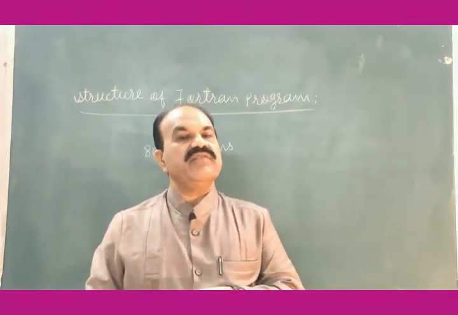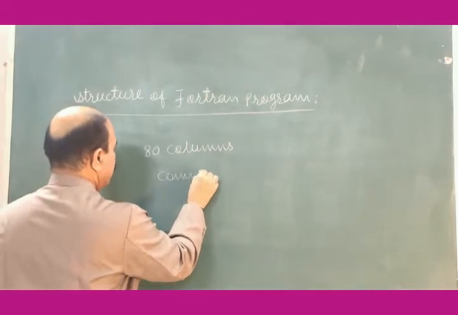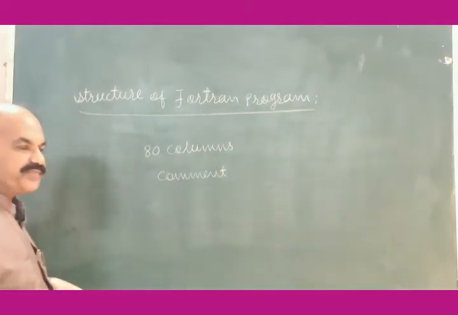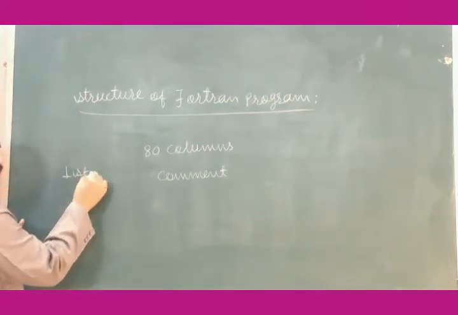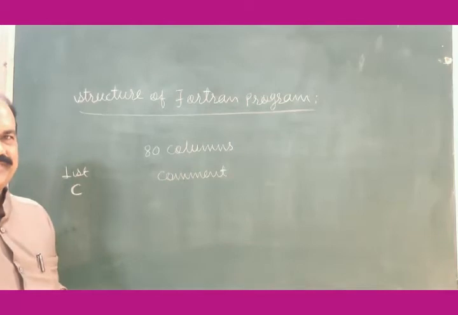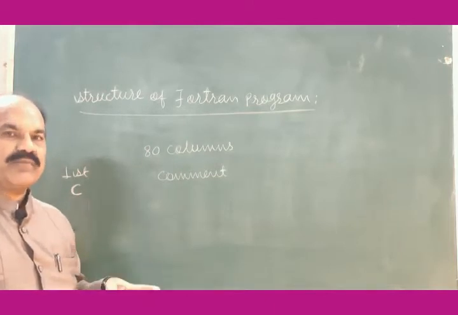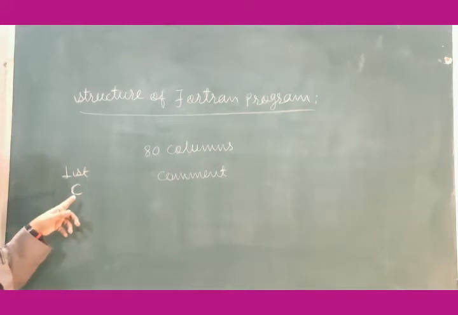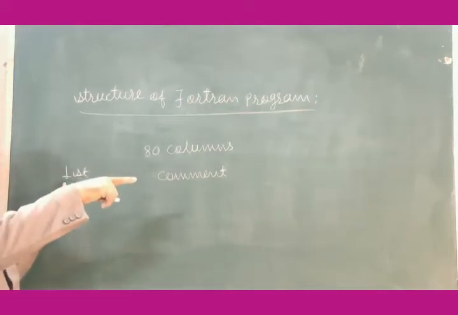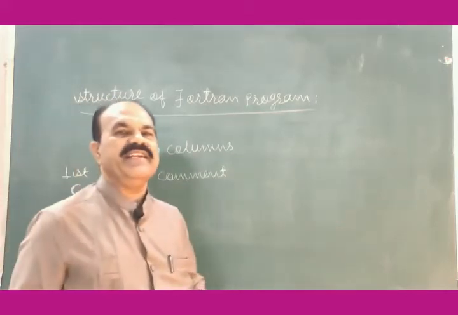Whenever you want to write a comment on the coding sheet, in the first column of that line, you need to write the character C. Whenever the Fortran 77 editor reads this C, the comment will not be read by the editor.